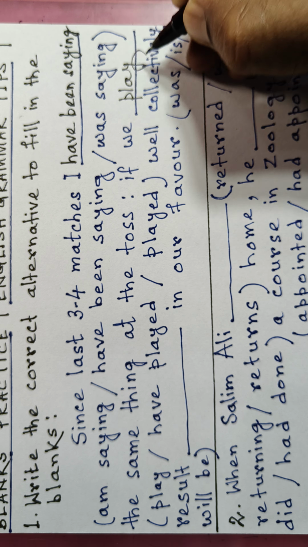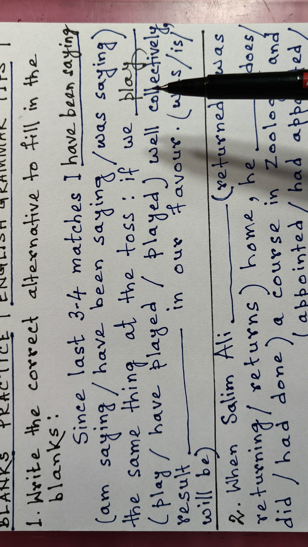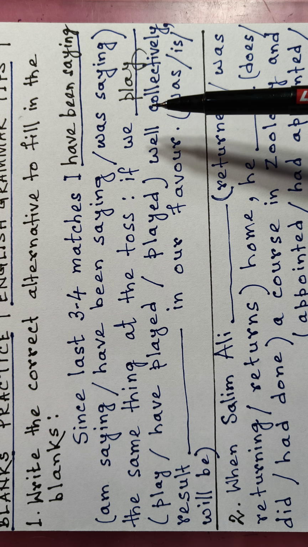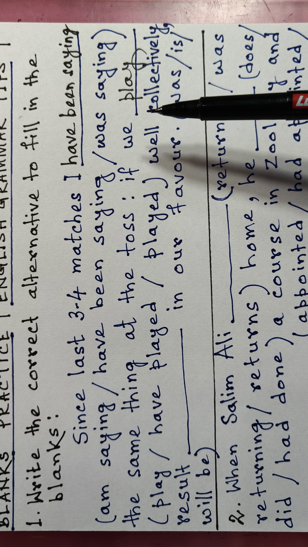Here in an if condition, if we play, which is real possibility, we use present simple. This is a type 1 conditional sentence, that is real possibility. In the if clause, we use the simple present to talk about a future condition. So the correct answer is play.